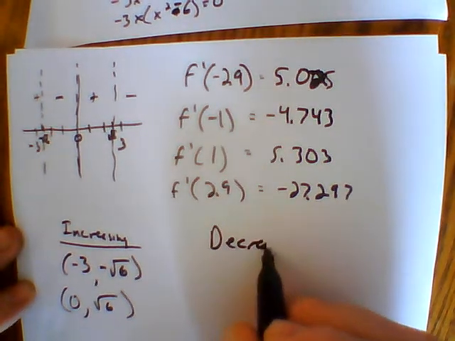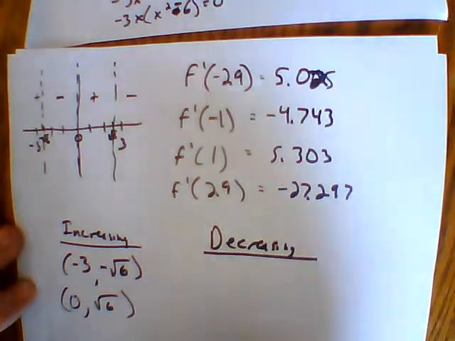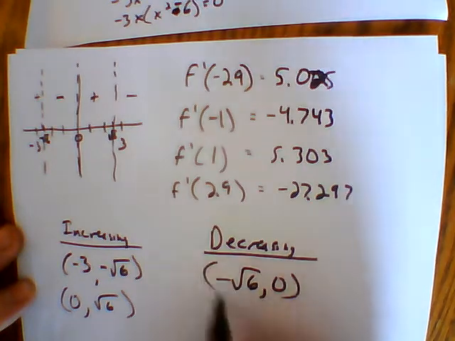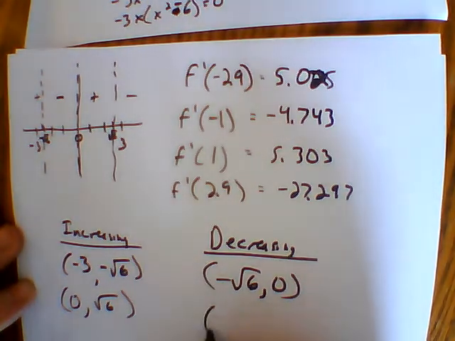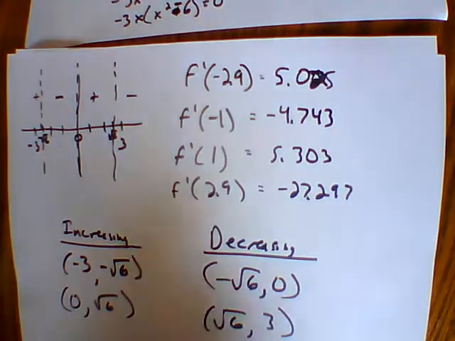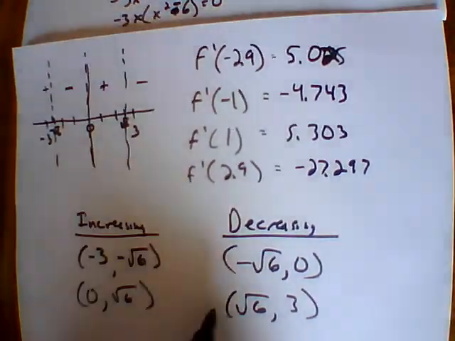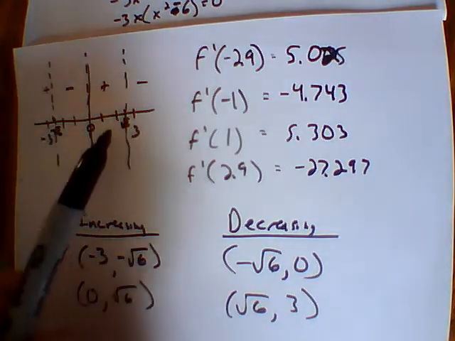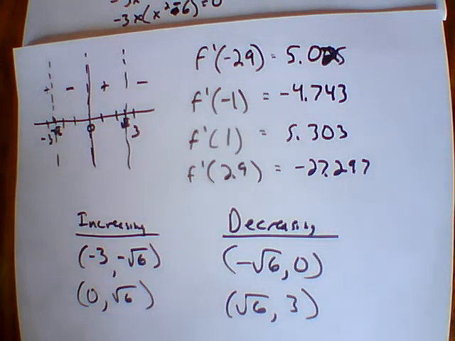Our decreasing intervals would be negative root 6 to 0, and then root 6 to 3. Once again, we are excluding the values that we found when we solved, plus or minus root 6 and 0, because at those points the derivative actually equals 0.